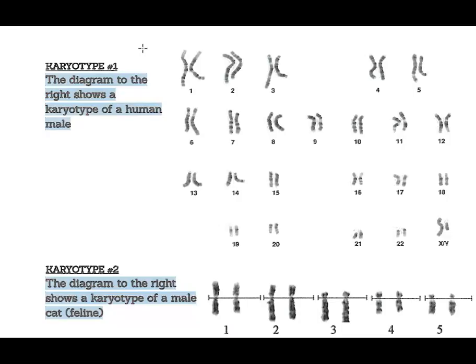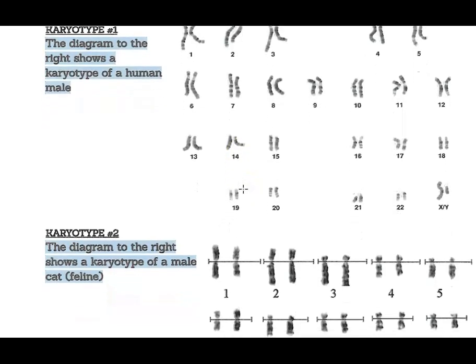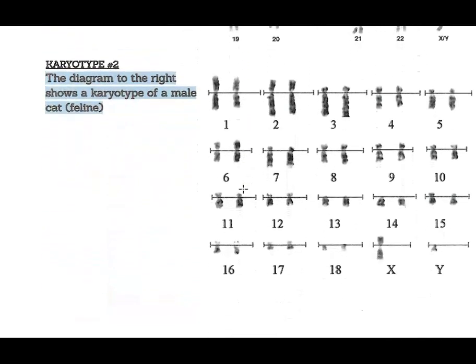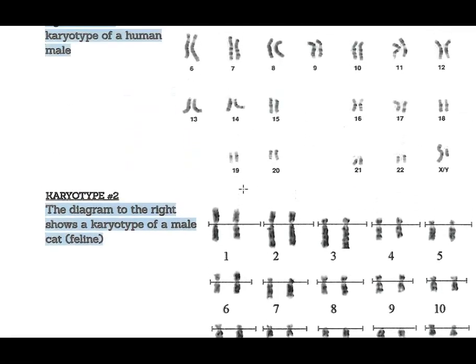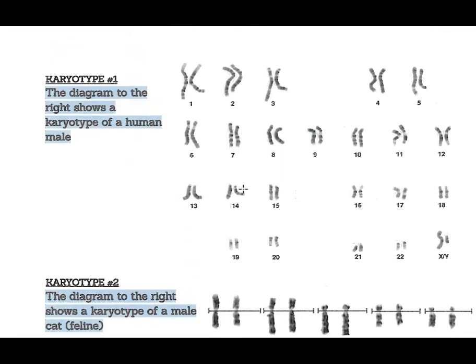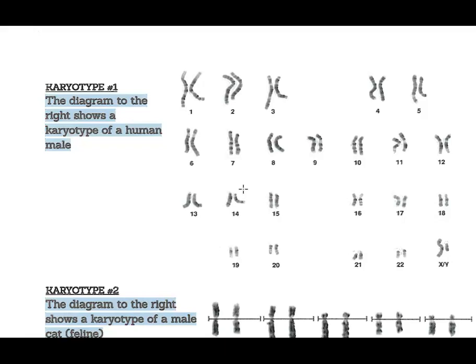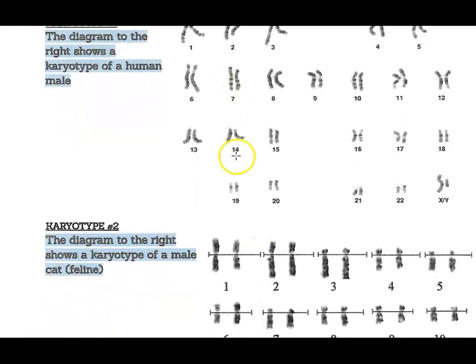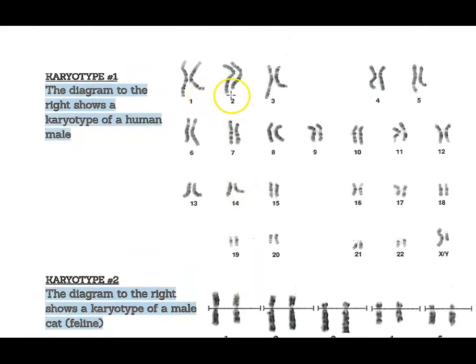Hopefully you wrote some things down. What are some things that you noticed that were similar between the two? Well, hopefully you noticed that in both of these, the chromosomes always come in pairs, right? If you look at chromosome 1, there's 2 chromosomes.